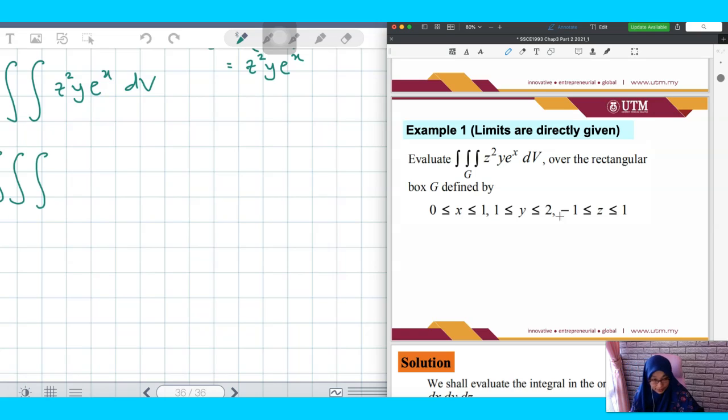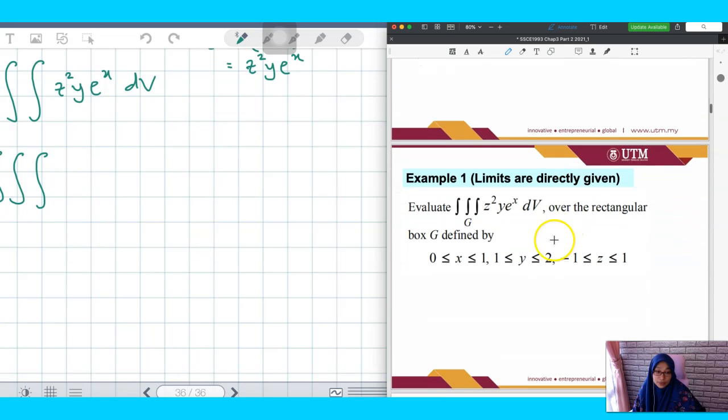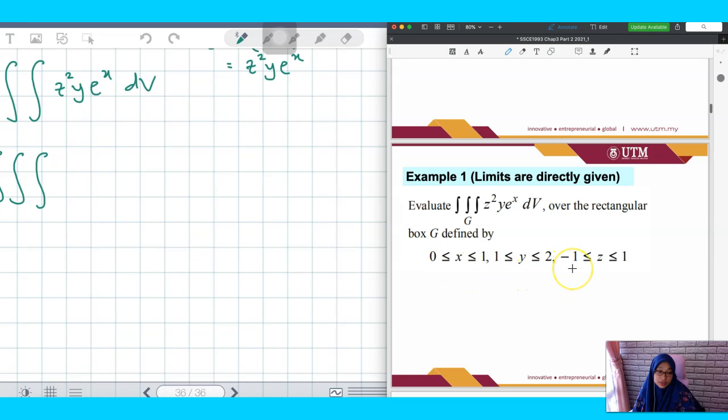So now we have to decide. We have 6 options, right? Which is which? Because all your limits are constant, we should have no problem. You can just start with x first, and then y, and then z.